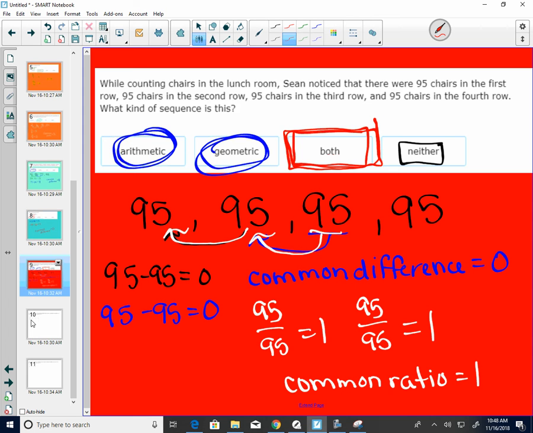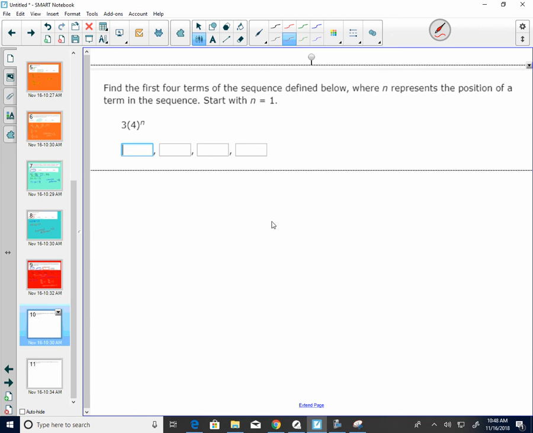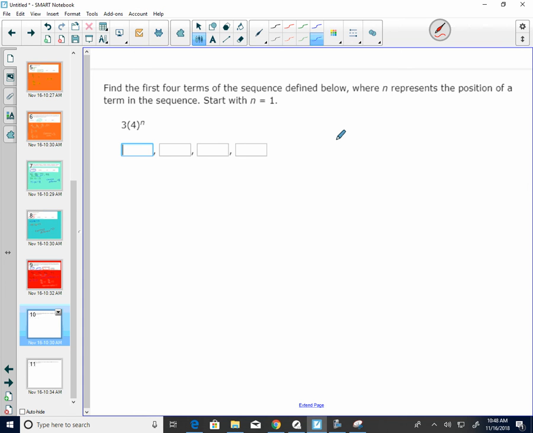Then the other type of problem you're going to encounter is where they give you the formula and tell you to fill in the first 4 terms. And they tell you where to start: n is equal to 1. So this becomes a simple task of just substitution.